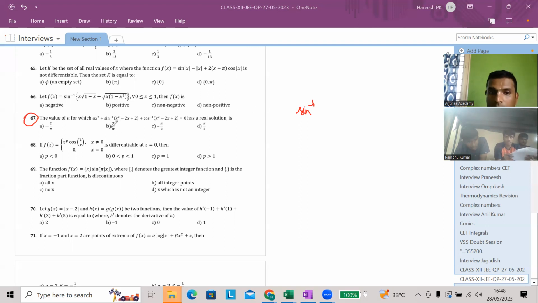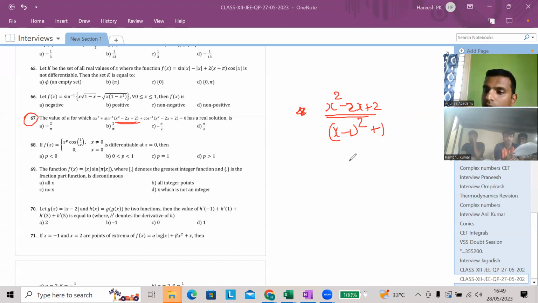You can write pi by 2, this part. Okay. But before that, they also want you to understand this sine inverse of x square minus 2x plus 2. You know that this can be written as x minus 1 whole square plus 1. Yes or no?